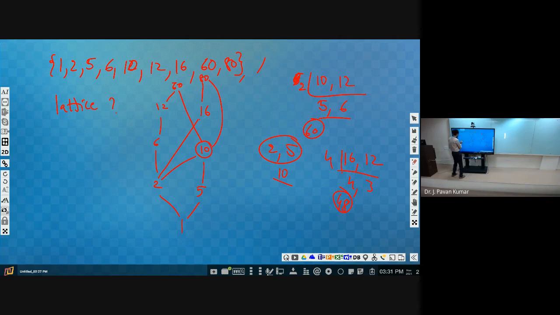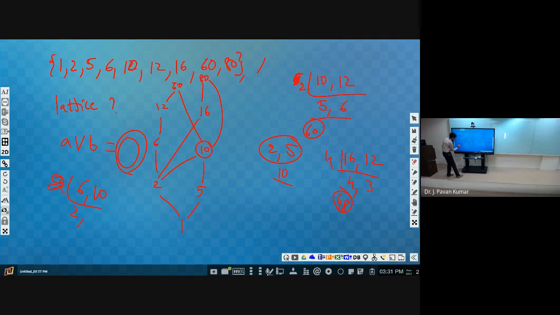So, whenever we have two numbers, let us say A, B, if there exists a join, definitely it will be a multiple of LCM. In the case of 6 and 10, what is the LCM actually? 6 and 10.